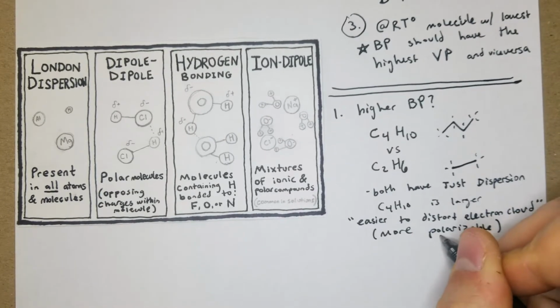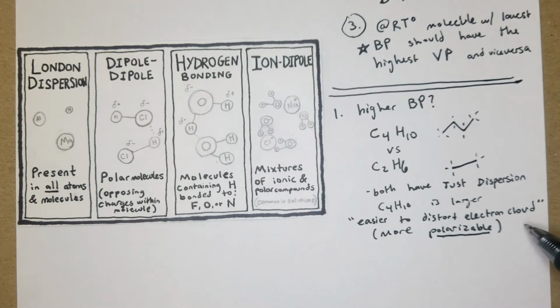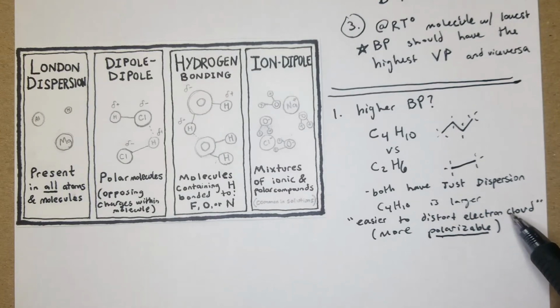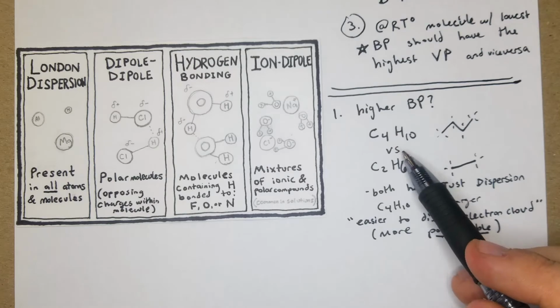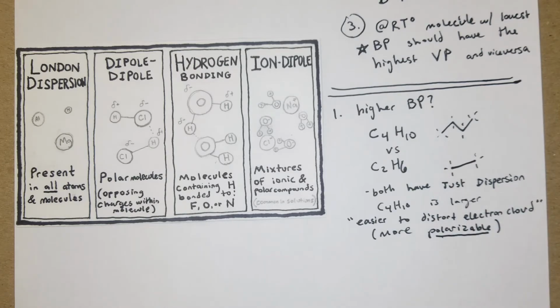It's kind of a weird word, but sometimes you have to explain in words exactly what you mean by one having a stronger this or that. Essentially, it's easier to distort the electron cloud. This is going to have the higher boiling point because there are more forces at play here, and it's more difficult to overcome. So that's the answer to that one.